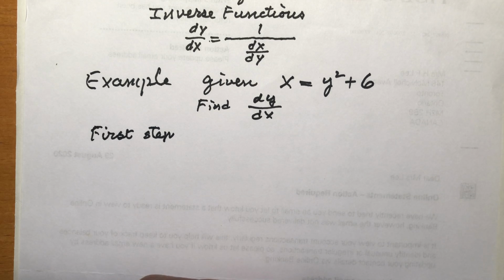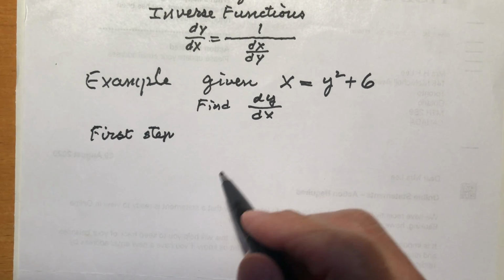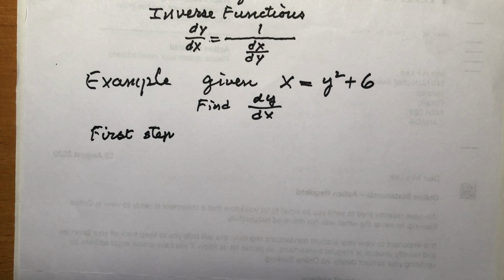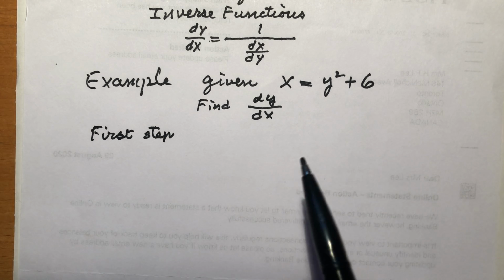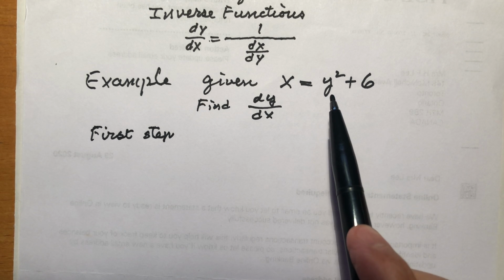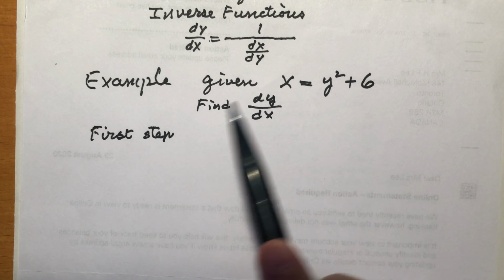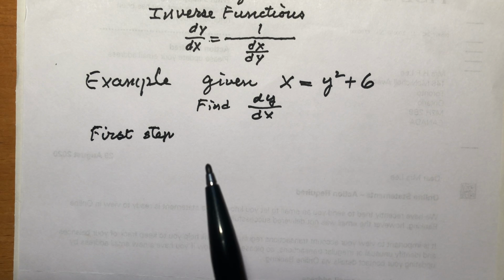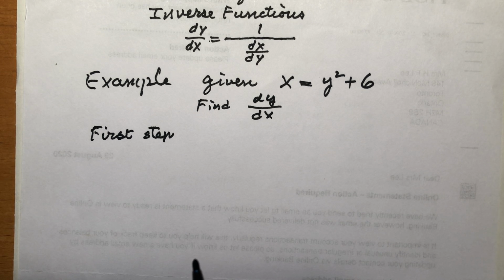Because what we learned in the past, the given function is y equals to something. Y is on the left-hand side, and x is on the right-hand side. But now that this given function, x is on the left-hand side, and y is on the right-hand side. So what we need to do is to rewrite this to y on the left-hand side and x on the right-hand side.